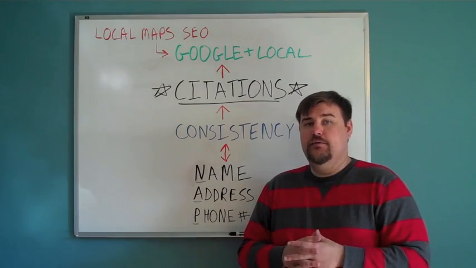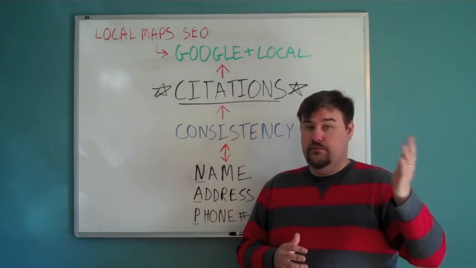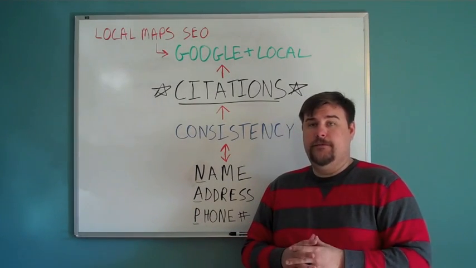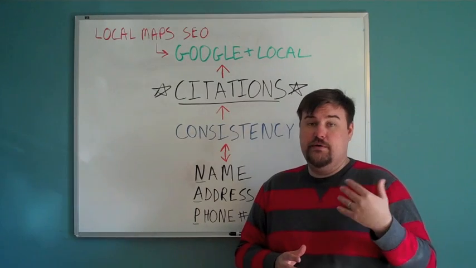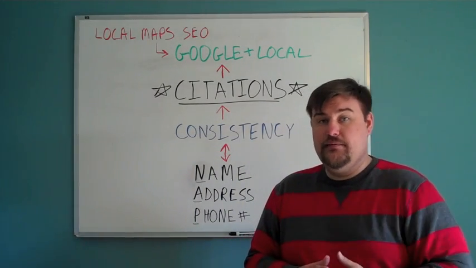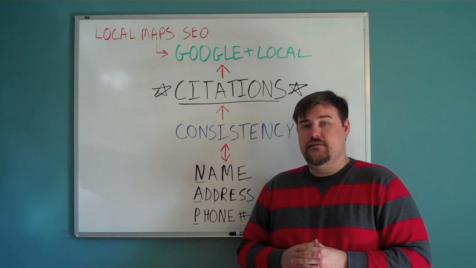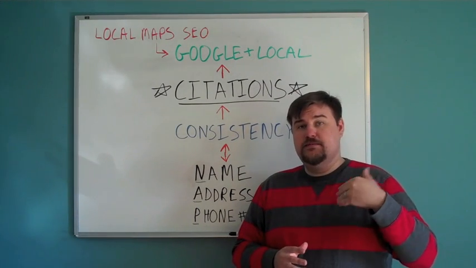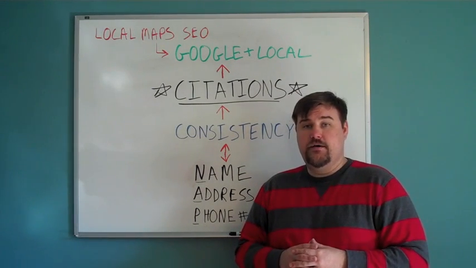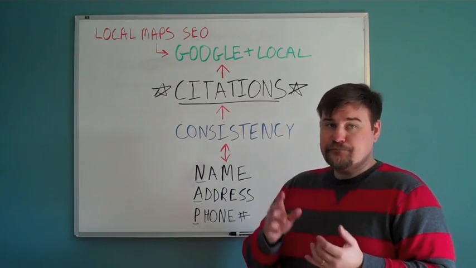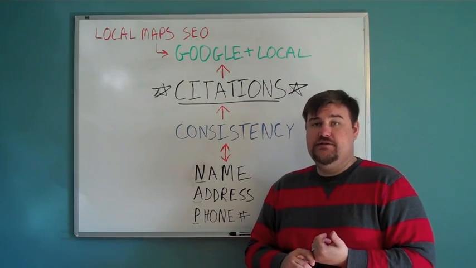And on getlisted.org, basically what you do when you get there is you type in the name of your business and the zip code, and then what getlisted.org does is it scrapes the web for references, those citation points for your business, and then it comes back with an analysis of how consistent you've been. It gives you a grade basically on the accuracy of the citations across the web.